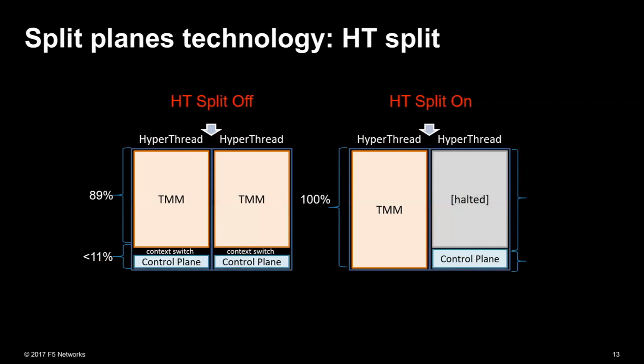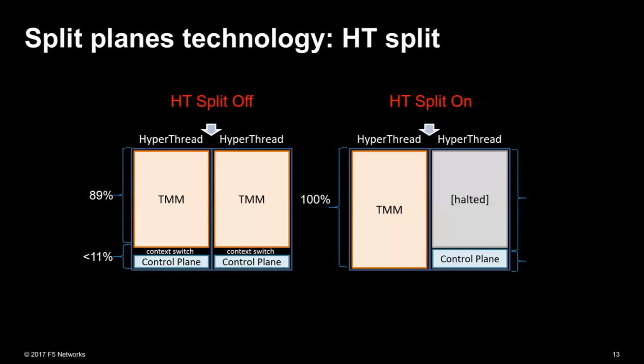We will have efficient scheduling. TMM will not be descheduled from CPU by control plane tasks. If we have a long-lived control plane task, the TMM will always be guaranteed to have what it needs to process the data.